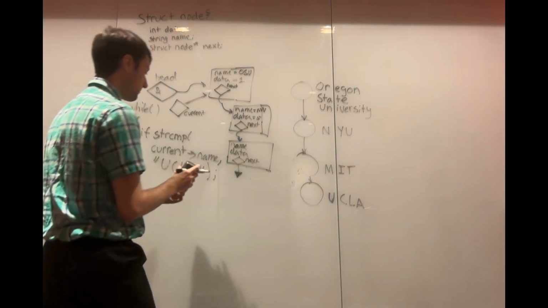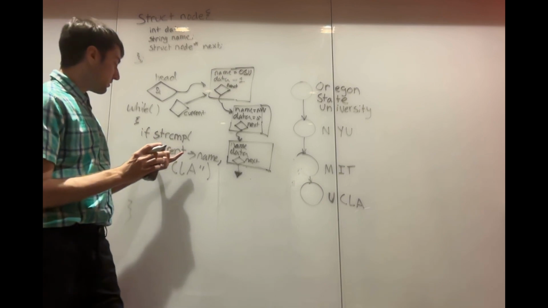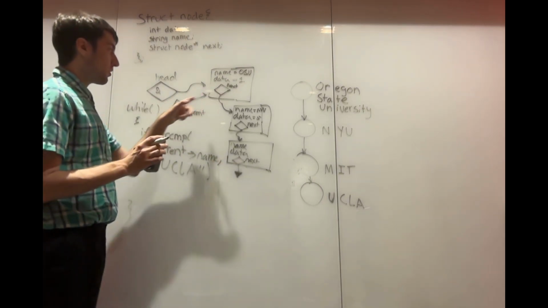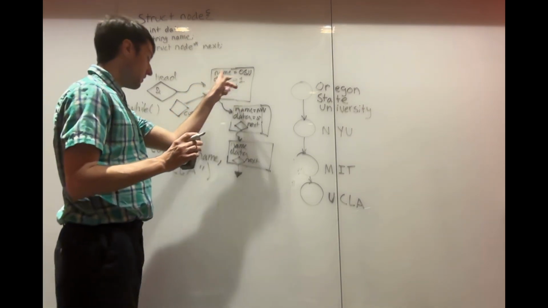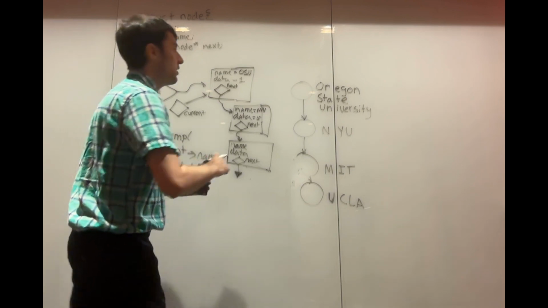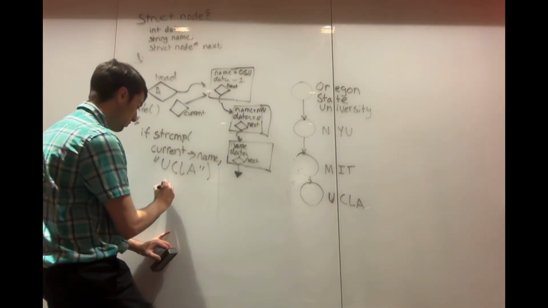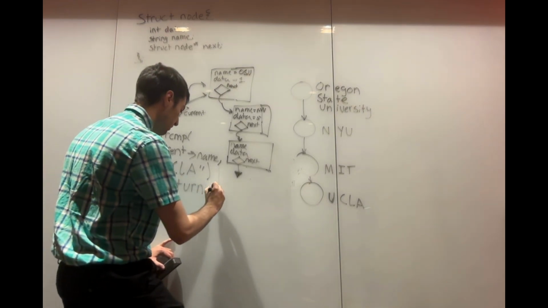Okay, so if string compare, the place that current is pointed to, if that name variable is equal to UCLA, you can maybe return true.